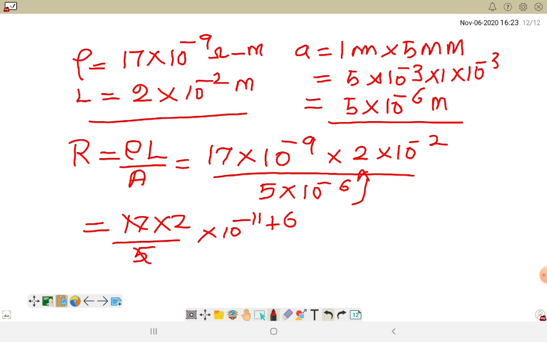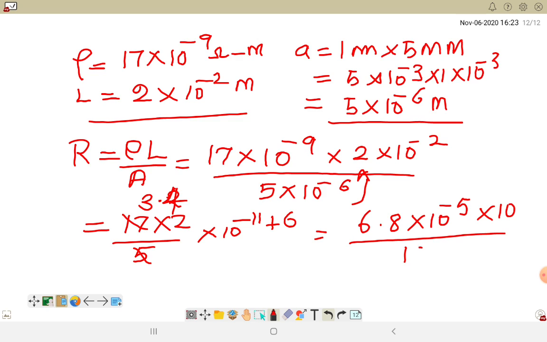Here cut this, 3.4, that is equal to 6.8 into 10 power minus 5. Now I have to multiply 10 with numerator and denominator. So 6.8 into 10 power minus 6, or 68 micro ohm.